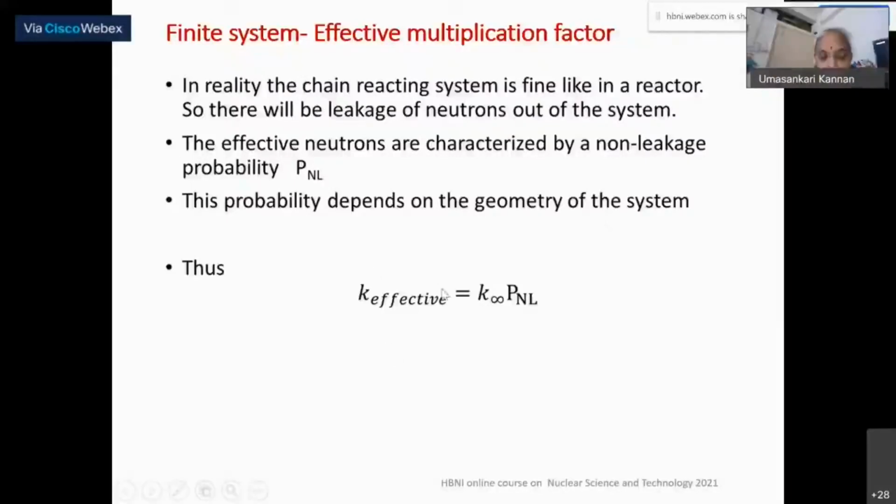So for this finite system, we have something called an effective multiplication factor, K effective. Right now you assume it to be simply K infinity multiplied by the non-leakage probability. We'll come to the expressions of all these things a little later. So for the finite system, you have a K effective, or effective multiplication factor, which is different from the infinite multiplication factor which I was describing to you so far.